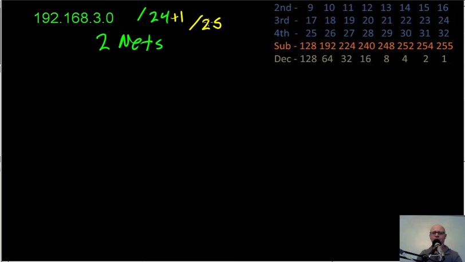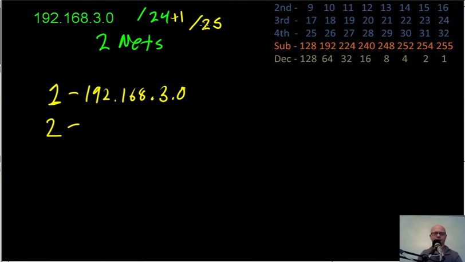Then we're going to utilize that new subnet mask to write out our new net IDs. So let's do network number 1 and network number 2, because we're dividing this network into 2. The first network is always the network you start off with: 192.168.3.0.